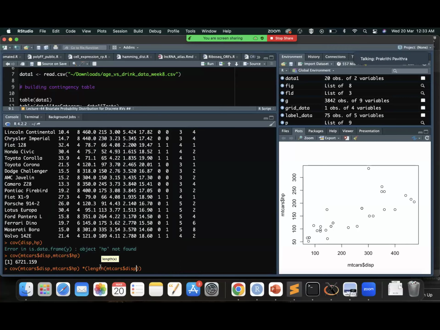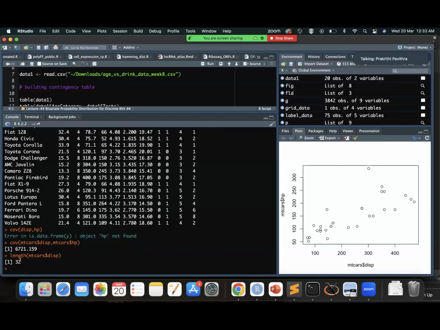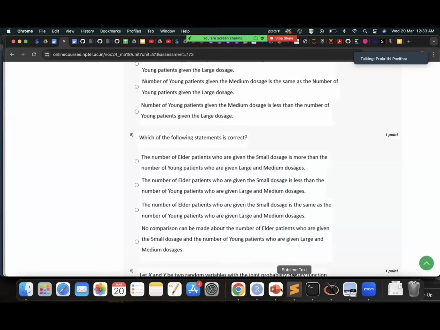I'll show you a better way. Length of... so it has 32 rows, right? So your n is 32. You want to calculate covariance for 1 by 32 observations, divided by 32 observations.